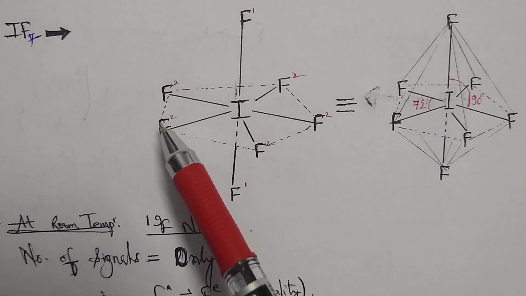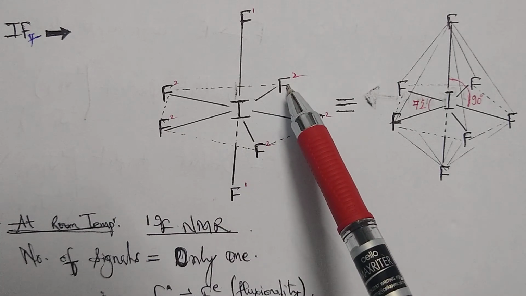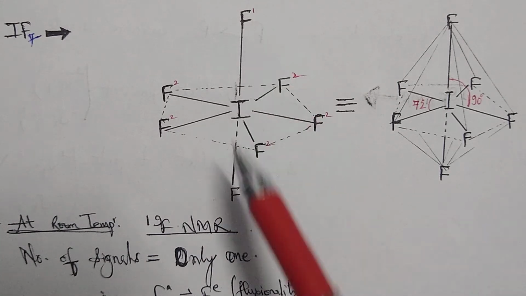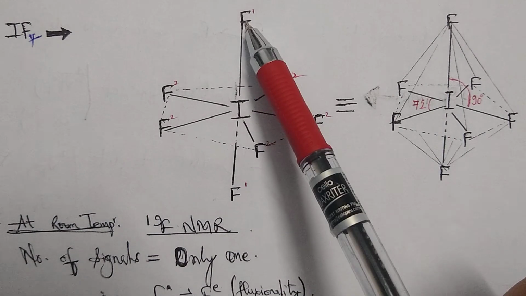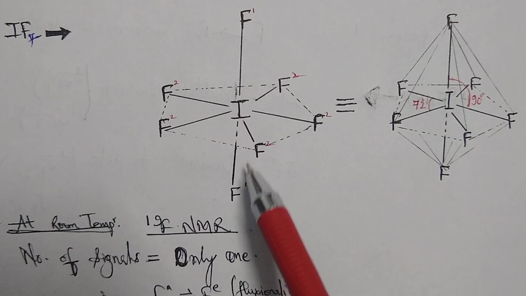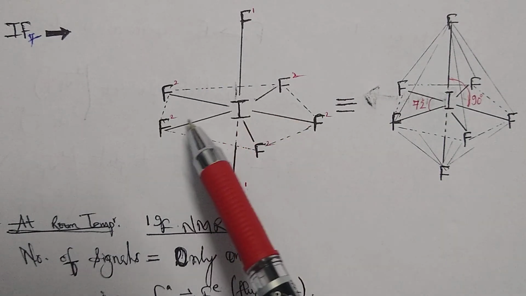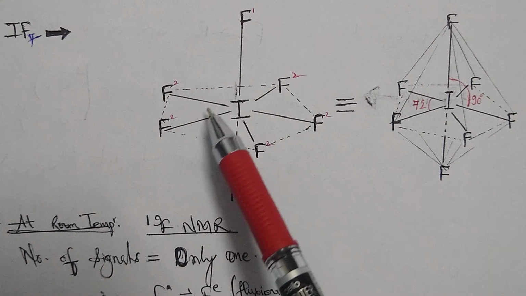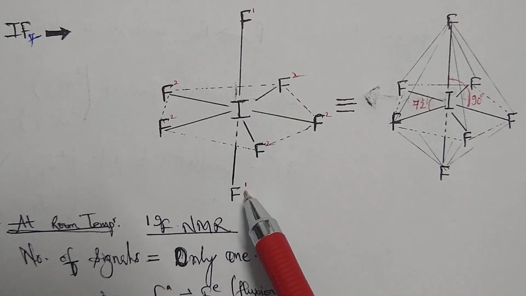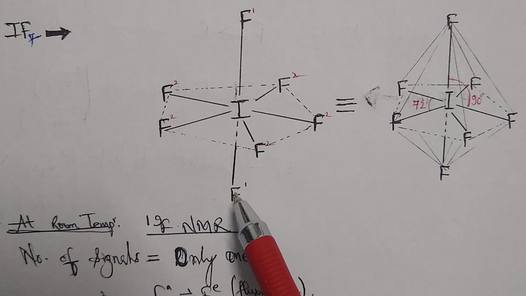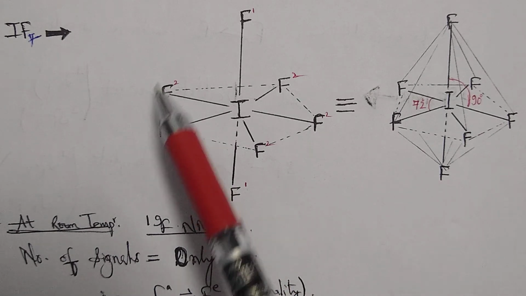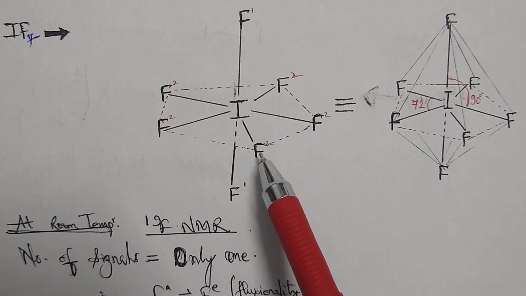Here we have 5 equatorial fluorine and 2 axial fluorine, where if we number the axial fluorine as 1, then we can number the equatorial fluorine as 2. So we have 2F of one kind and 5F of second kind.